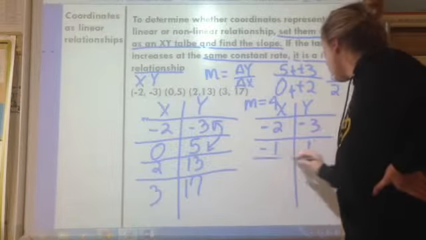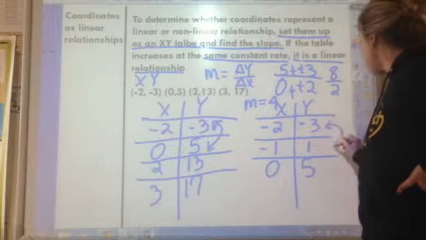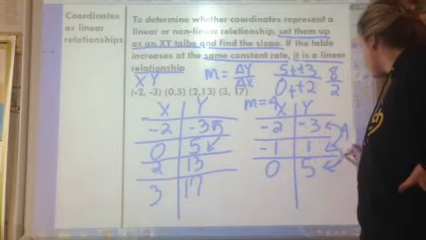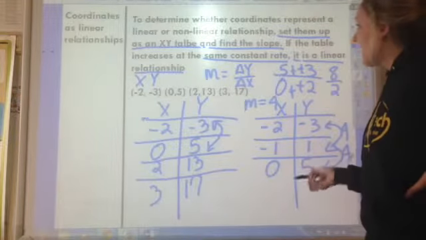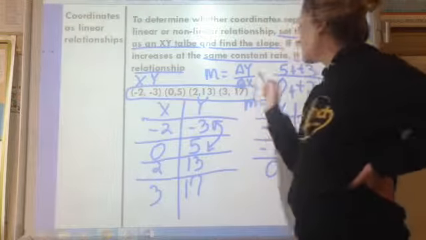And then again, 0 and 5. You see how this is increasing by 4 every single time? Since it has a constant rate of 4 each time, I know that this set of coordinates is a linear relationship. And that's all you have to do.